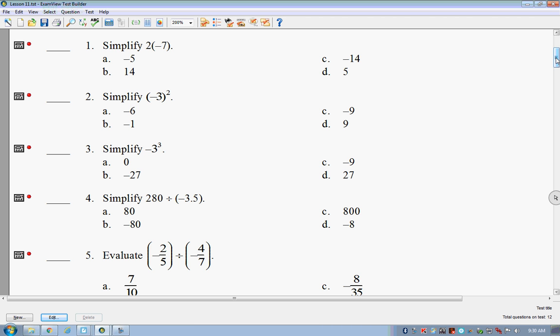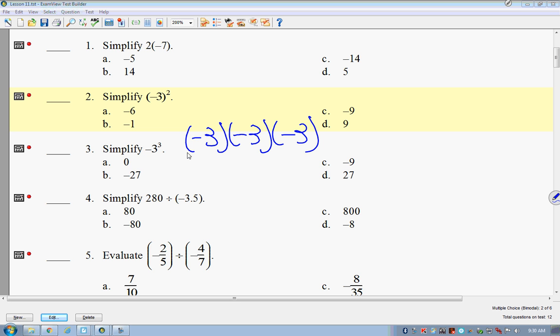All right? What about negative 3 to the third, though? How can I rewrite this as multiplication? What does that actually look like multiplication-wise? Okay, negative 3 times negative 3 times negative 3. All right, well, what's negative 3 times negative 3? Positive what? And negative 3 times positive 9. Is that going to be positive or negative?